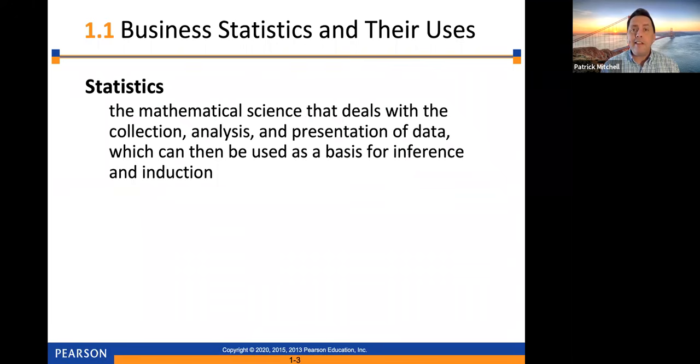So starting in 1.1, Business Statistics and Their Uses, I have probably taught out of half a dozen different statistics books, and each one of them has their own definition of what is statistics. So I do like your book's definition. Statistics is the mathematical science that deals with the collection, analysis, and presentation of data, which can then be used as a basis for inference and induction.